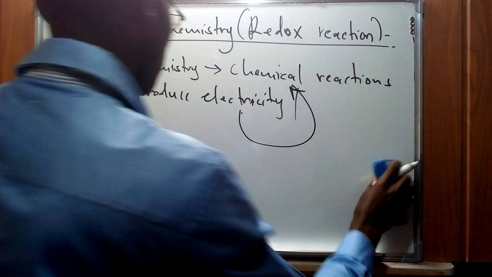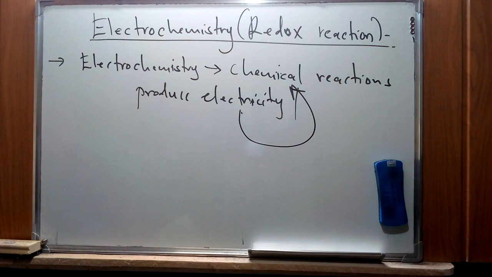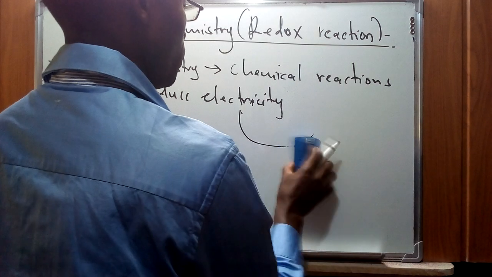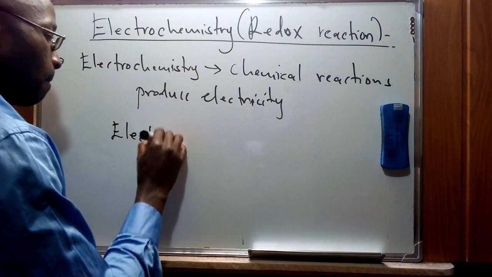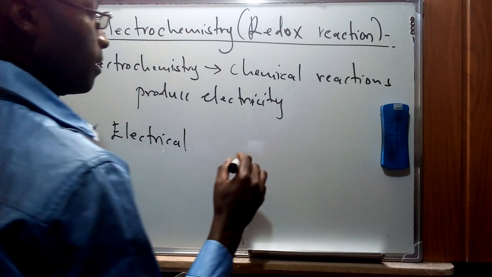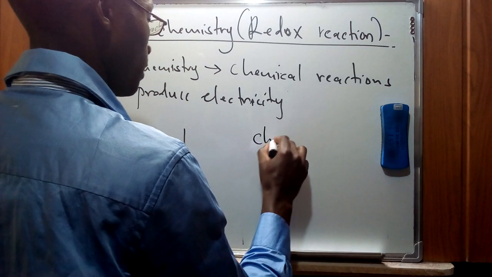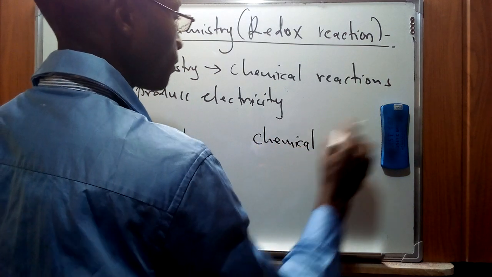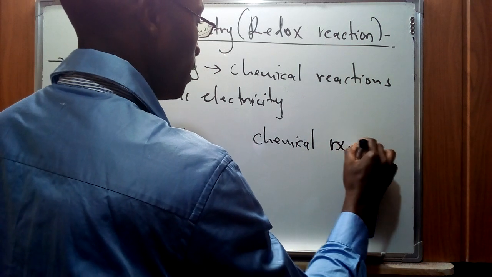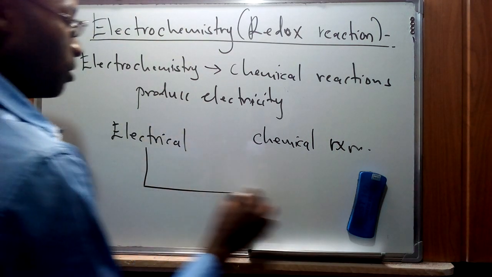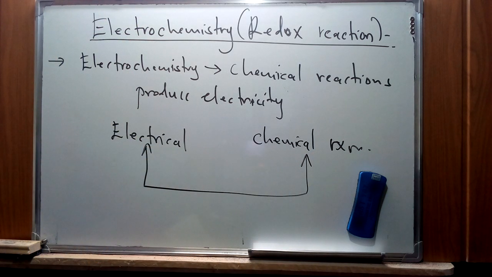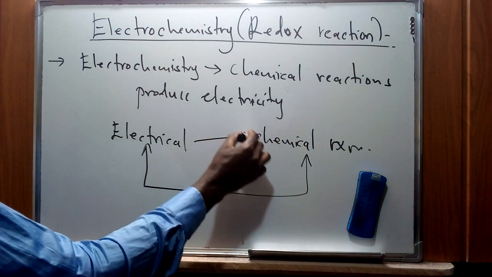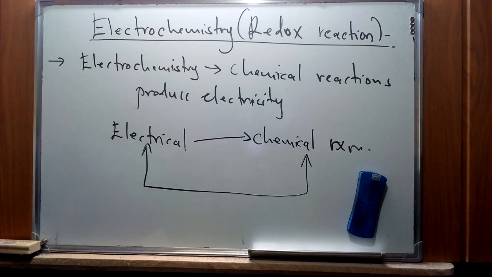So in essence, we can illustrate these two particular concepts by having this electrical process that is taking place, and on this other side, a chemical reaction. So there's a relationship between these two, in the sense that we're trying to see that there's a relationship between chemical reactions and electricity.